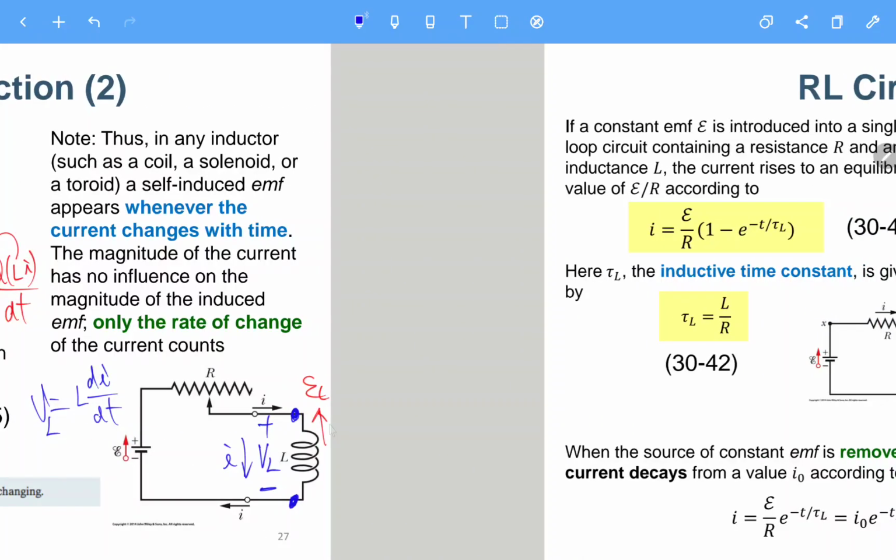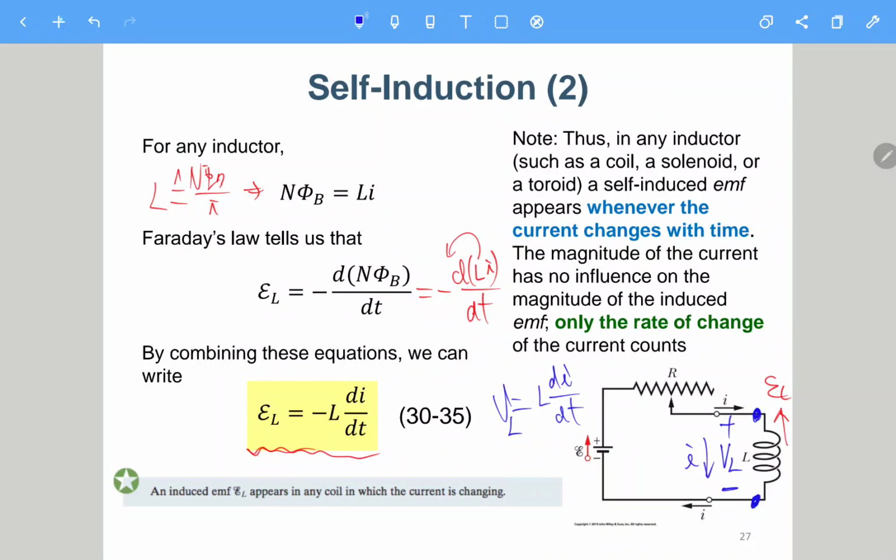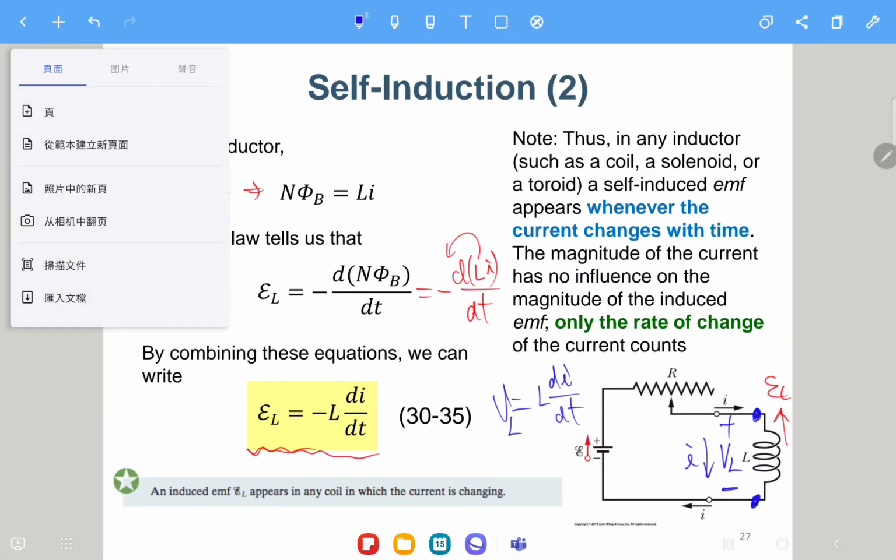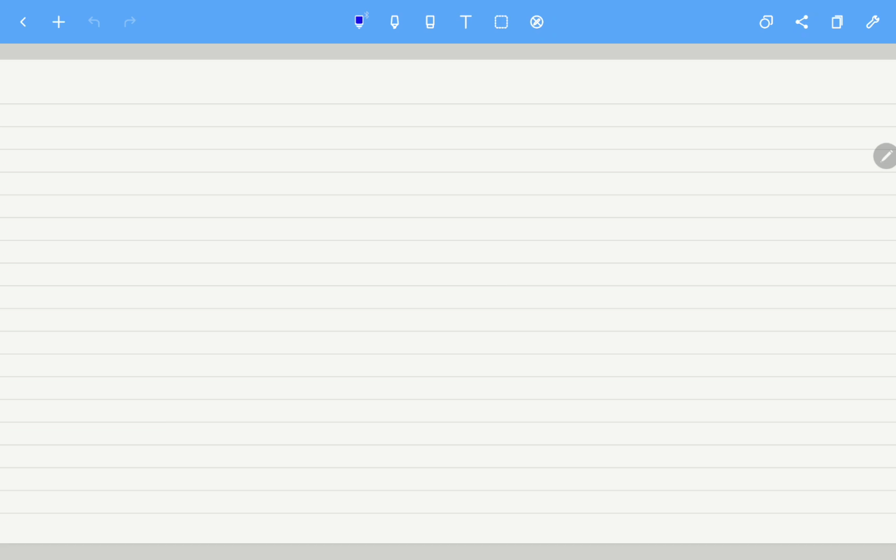Let me have a quick summary. Hope you still remember, we have R, C, L, or RLC. For R, we learned it in chapter 26. R is the easiest one.